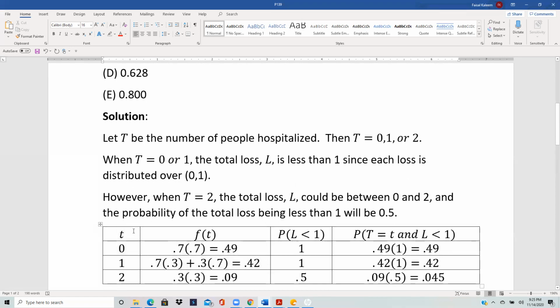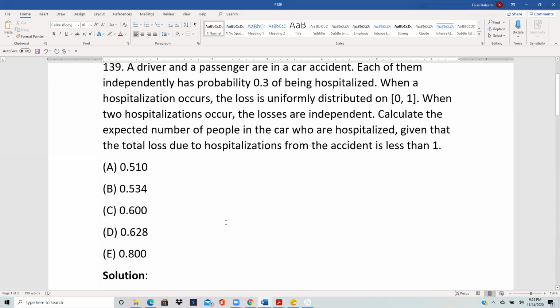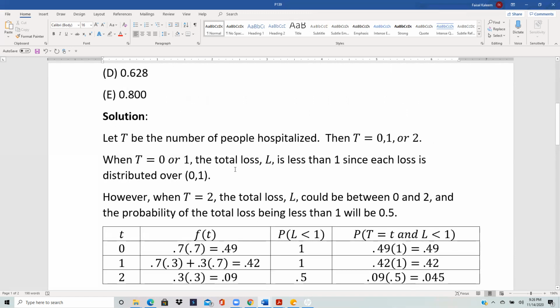T, remember, was the number who are hospitalized. Could be 0, 1, 2. Let's look at the probability of 0 hospitalization. It means none of them is hospitalized, and we are given that the probability of hospitalization is 0.3. So none of them hospitalized means 0.7 times 0.7. 0.7 is that one of them is not hospitalized, and the other one not hospitalized is also 0.7.